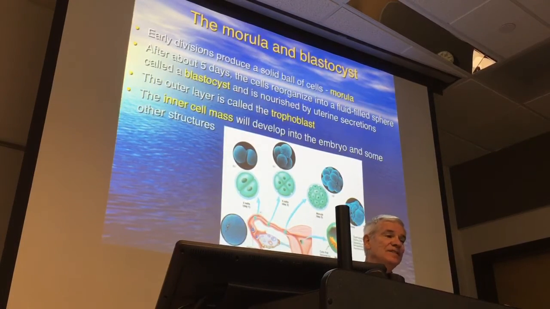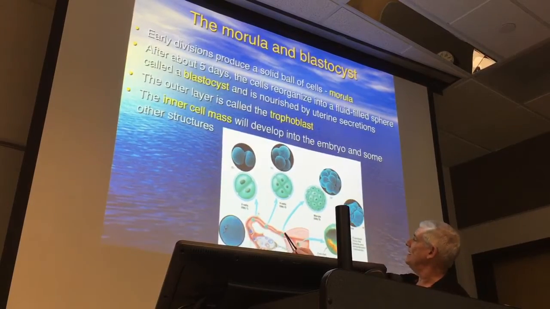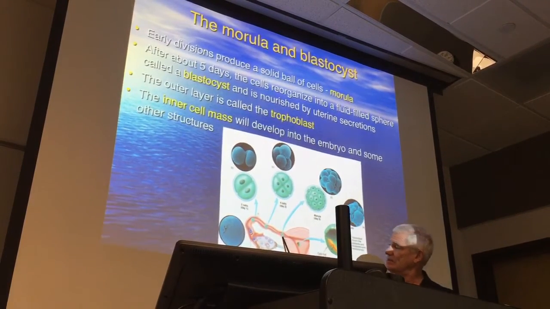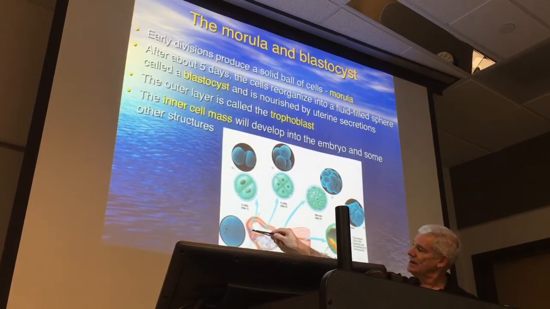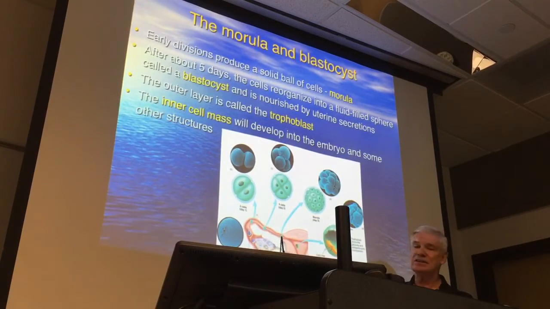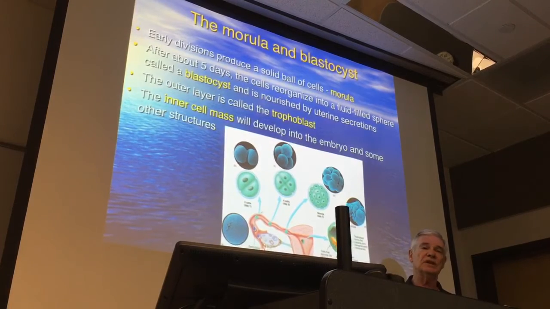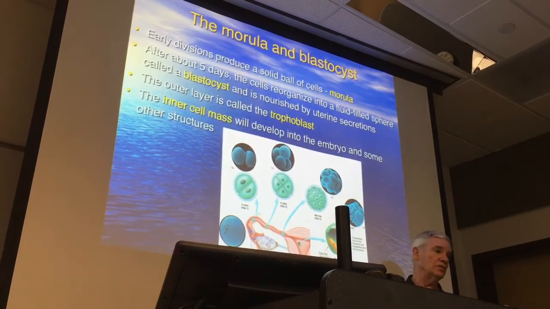After about 5 days, it is beginning to get close to the uterus. It got fertilized over here, and it's been making its way slowly through the uterine tubes, heading toward the uterus.